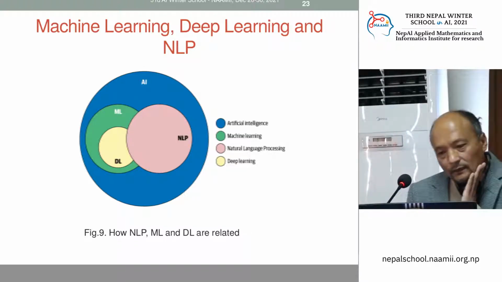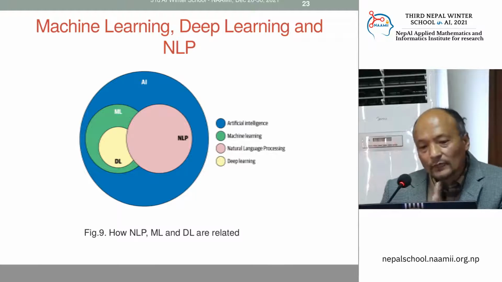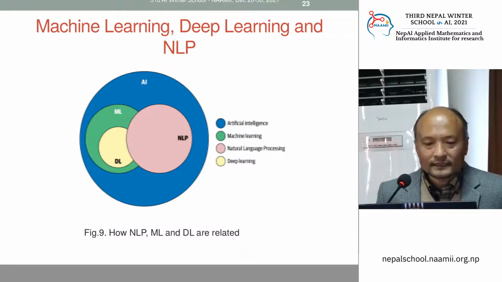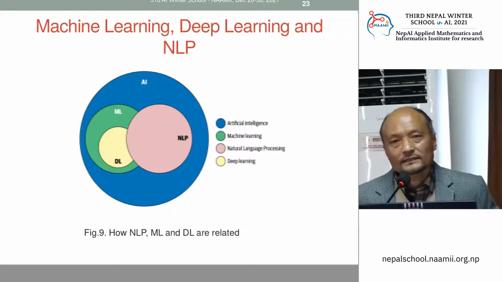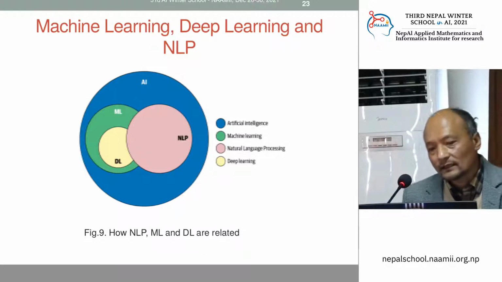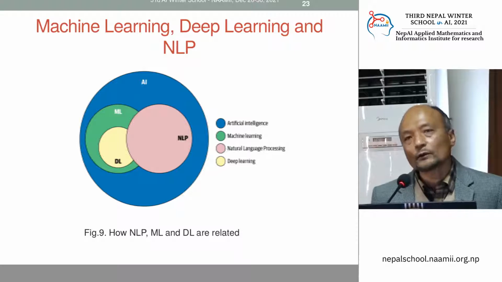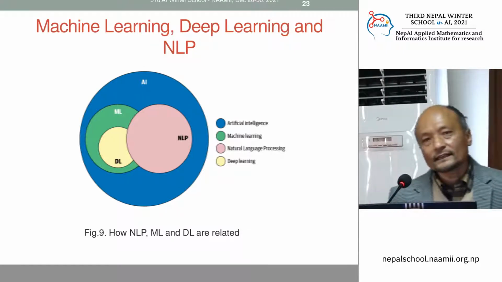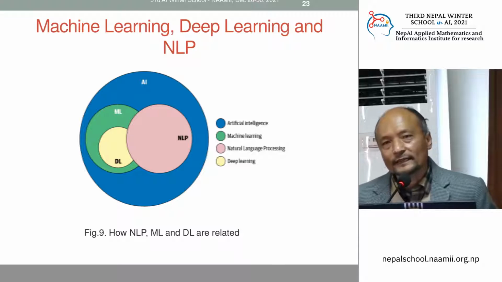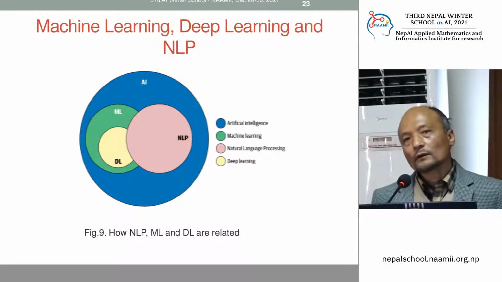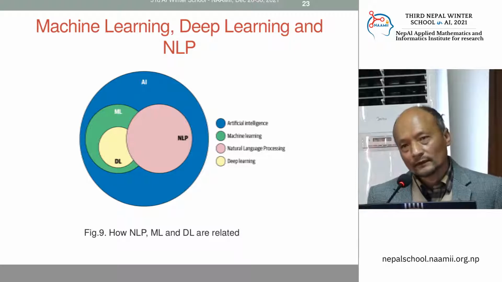What you can infer from this diagram is that although there is some overlap between these disciplines, each discipline is distinct in its own right. Of course, we could apply machine learning and deep learning techniques to NLP as well, but NLP also has its own different techniques.